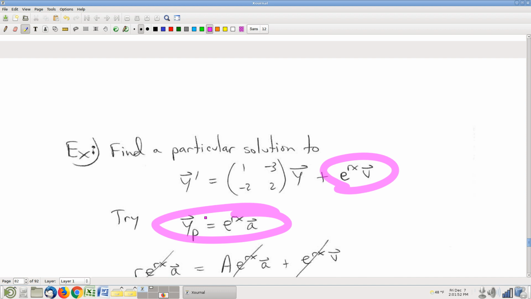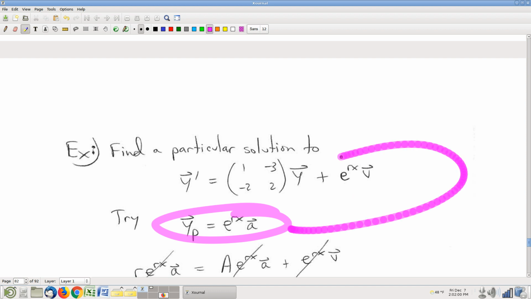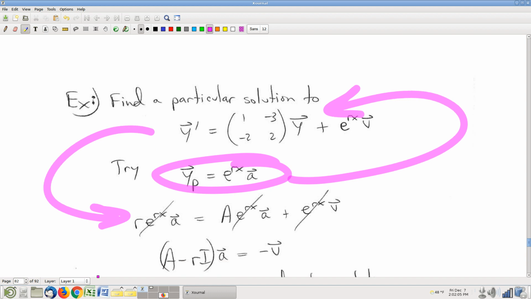You're going to have constants times exponentials all over the place, and the hope is that you can make that balance out just right. So take this as your guess, plug it in, the equation becomes that. Notice you can cancel your common factor of the exponential in all of these terms. Now I just glossed over, of course, all the algebra. So think in terms of how that guess plugs into the equation.